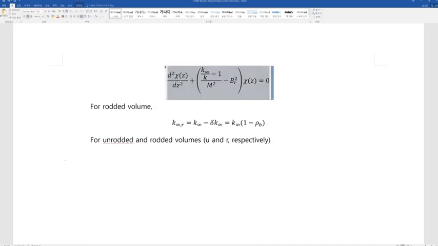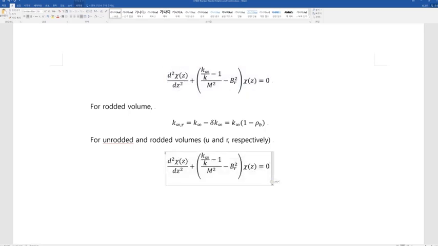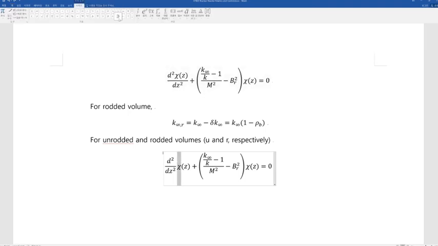So we have the same equation here. Of course, this chi is a function of z, the axial direction, and so this would be the equation for the unloaded volume.